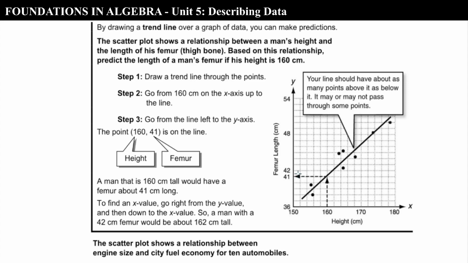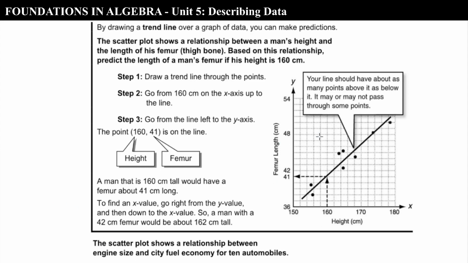If we want to find out if a man has a femur that's about 42 centimeters, we would follow this back and go down to the x-axis and read what the height is. At this point it would be about 162, because all of these grid lines are going by 2. So 162 would be about how tall he would be.